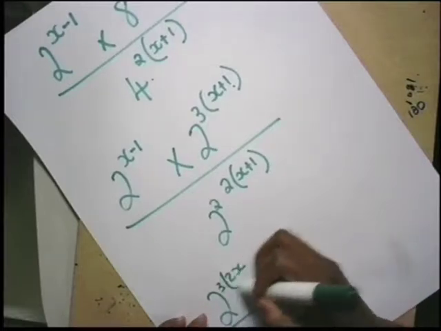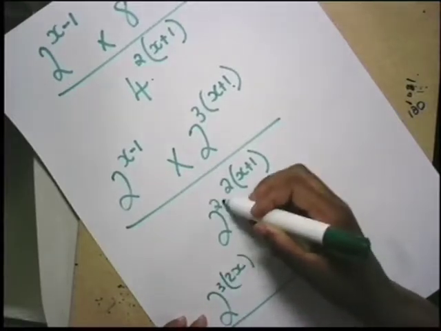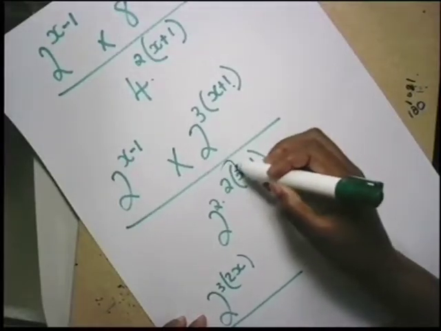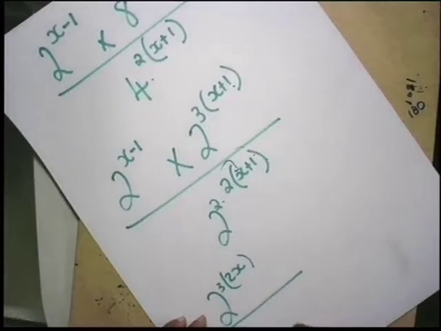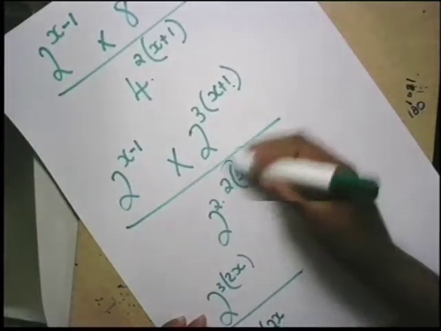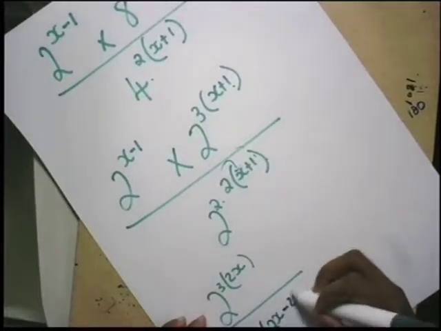Then we have 2 power 3, and then 2 power 2 over x plus 1. We can remove these brackets. Then we have 2 power 2, and 2 times x will give us 2x, then 2 times 1 will give us 2.